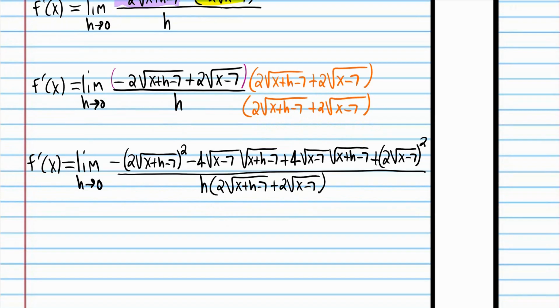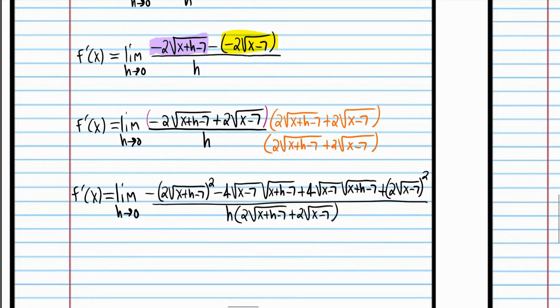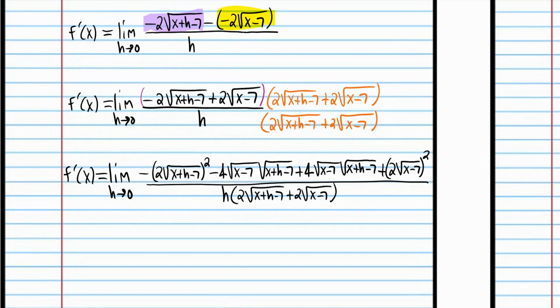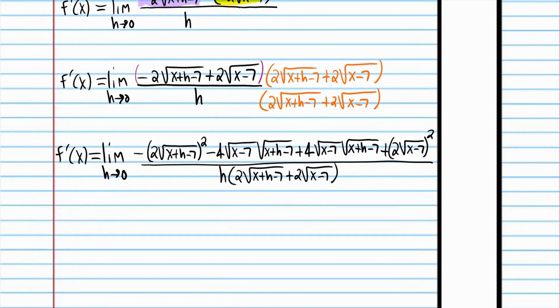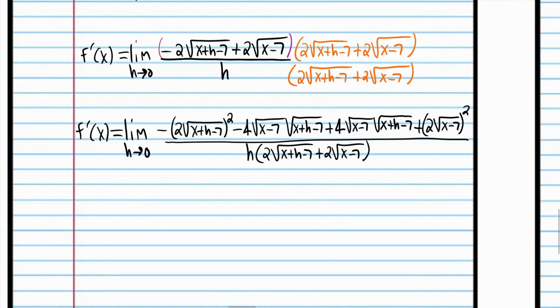And by the way, one thing that you can do to make this easier is you can actually factor out a negative 2 out of the limit. But some students get kind of confused when you do that, so I'm not going to factor out the 2 out of the limit. But remember, we can do that. We can take a constant out of the limit.